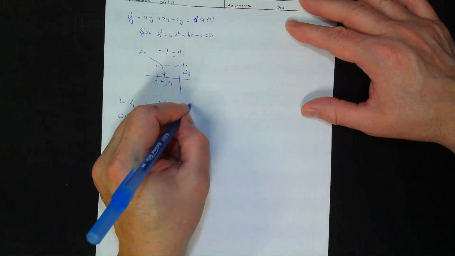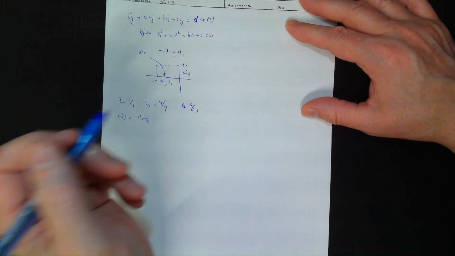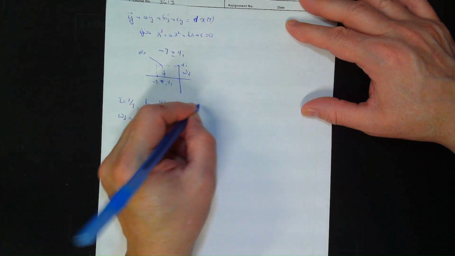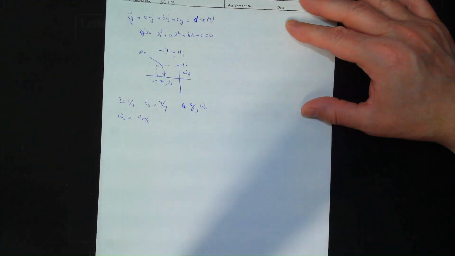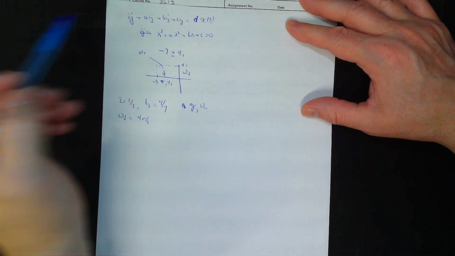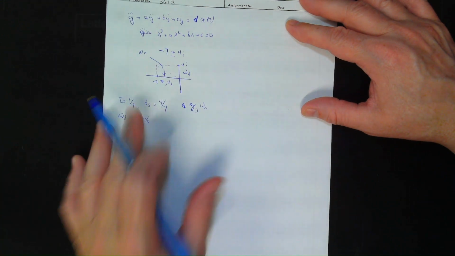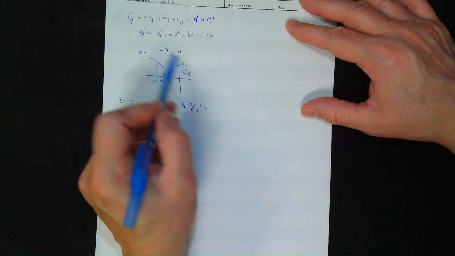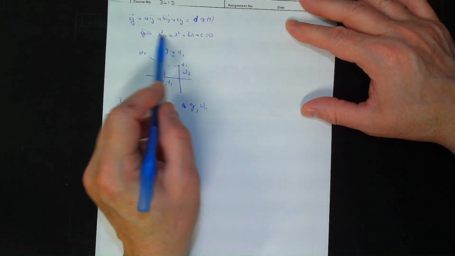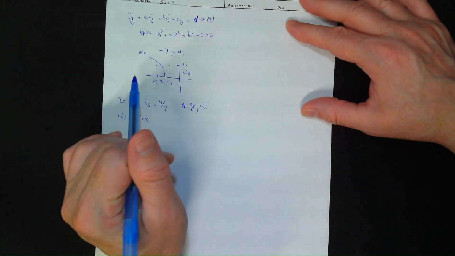So we've got damping information, we've got natural frequency information. These are all parameters that describe what's happening for this set of roots. There's going to be 3 roots that came out of a third order.